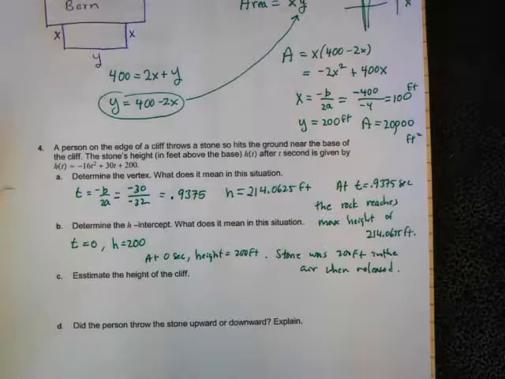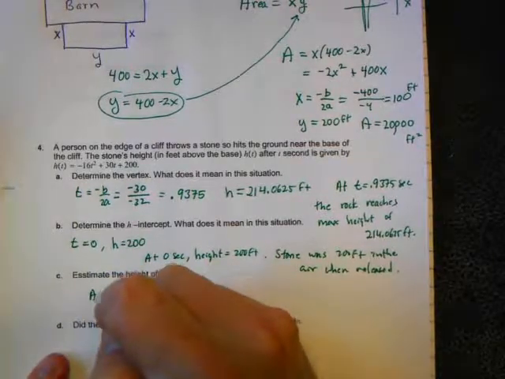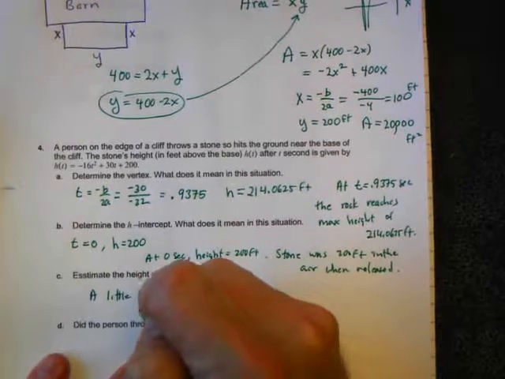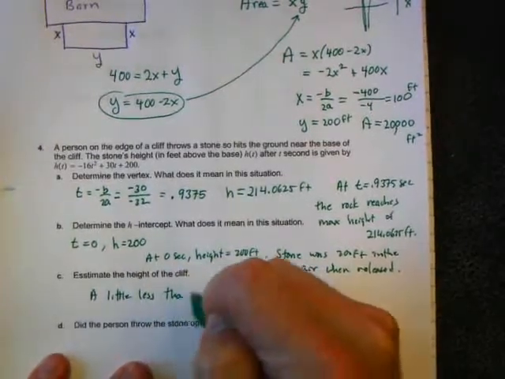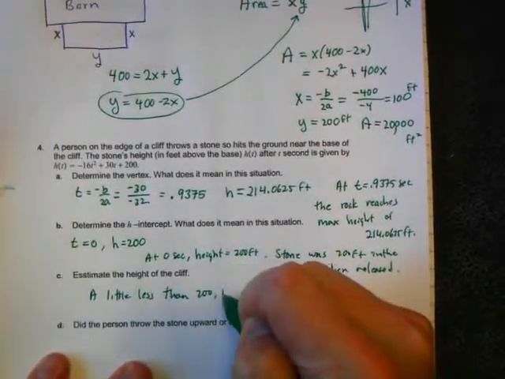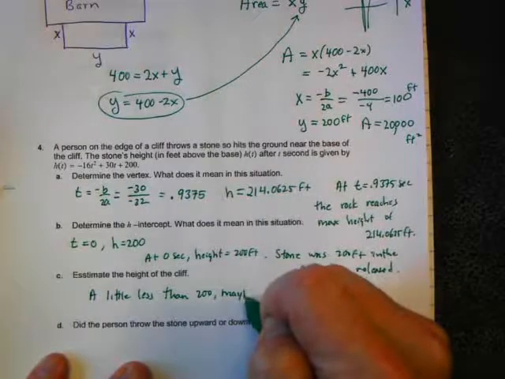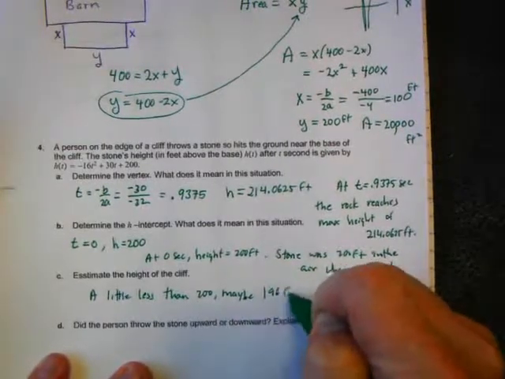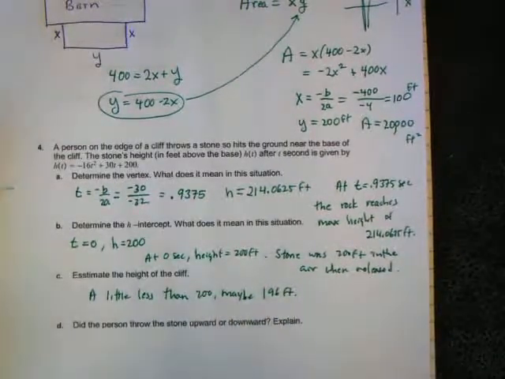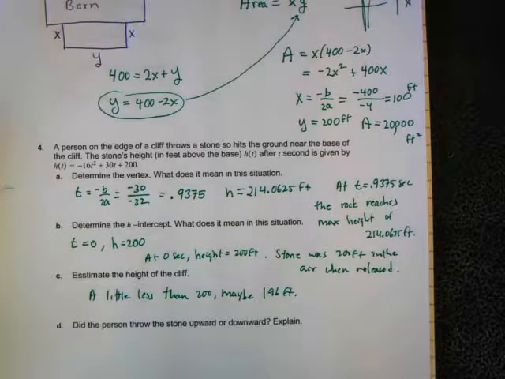So my answer would be a little less than 200. Maybe 196 feet would be a reasonable answer. Maybe the person's arm was about 4 feet in the air when they threw the stone. We don't know exactly how high the cliff is, but we know it's a little less than 200 feet.